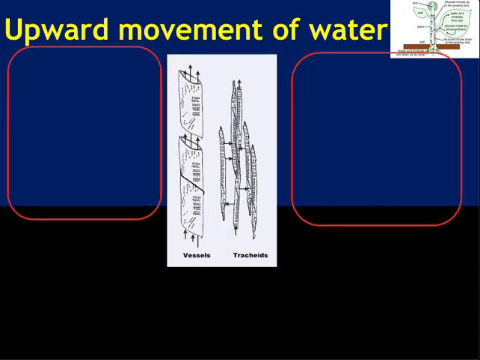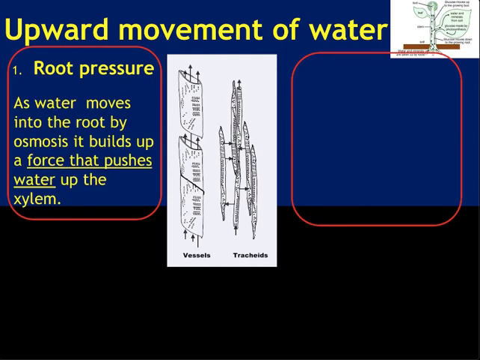So in terms of a little bit more detail, the blurb is: as water moves into your roots by osmosis, it builds up a force that pushes water up your xylem. This is going to be very badly drawn, but you're just going to have to bear with me. We have said you can't stop osmosis as long as the high water to low water regions are met.